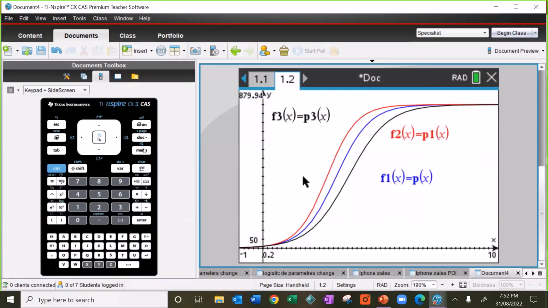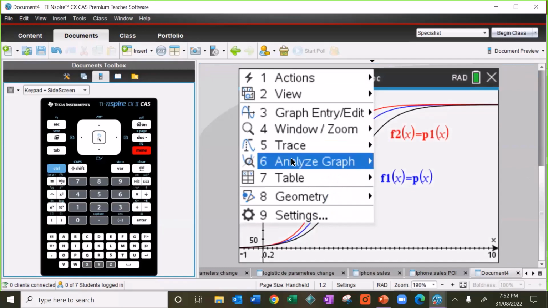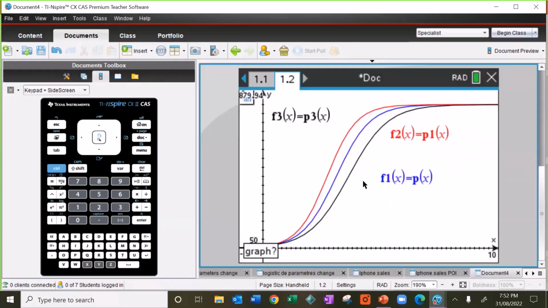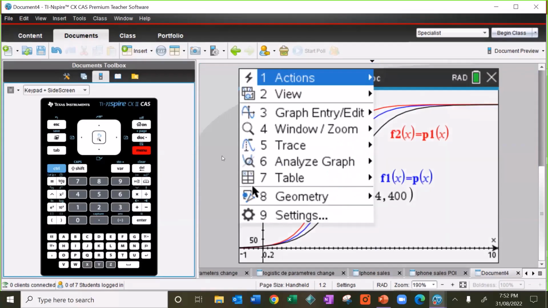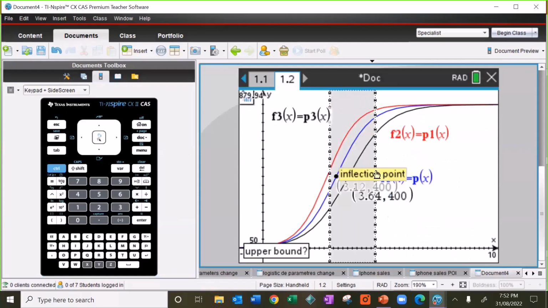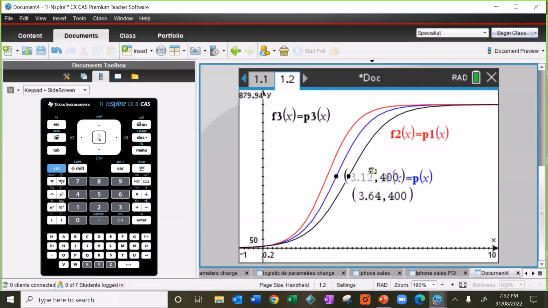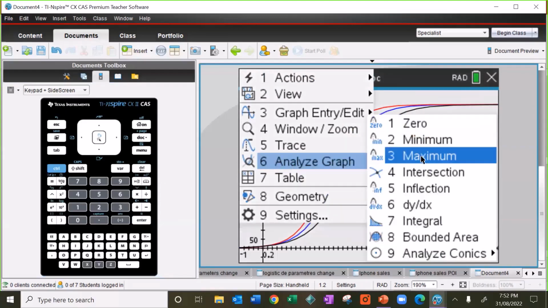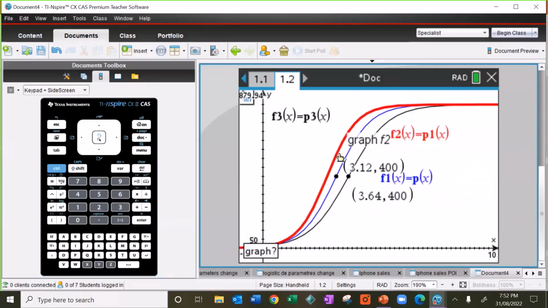And interestingly, if we now go analyze graph inflection, so let's do inflection for the blue graph, and we'll do inflection point for the red graph.